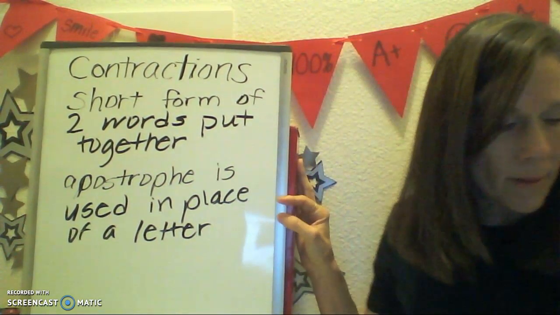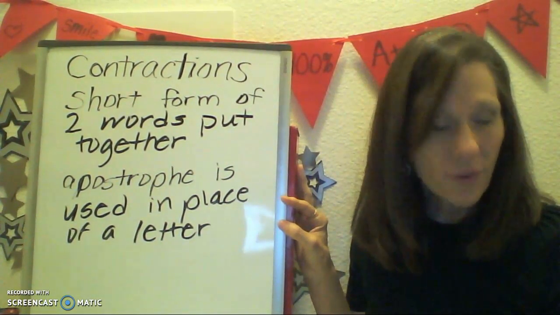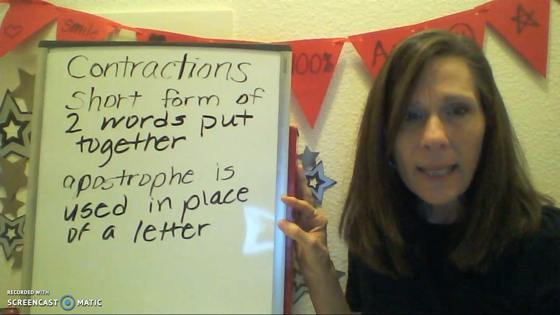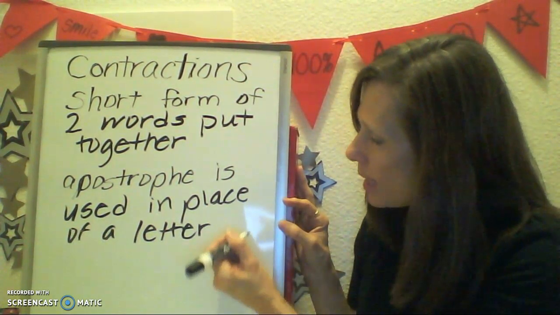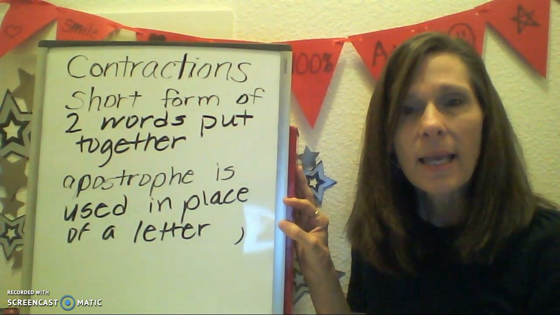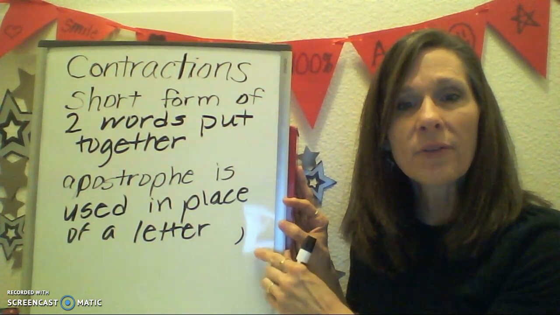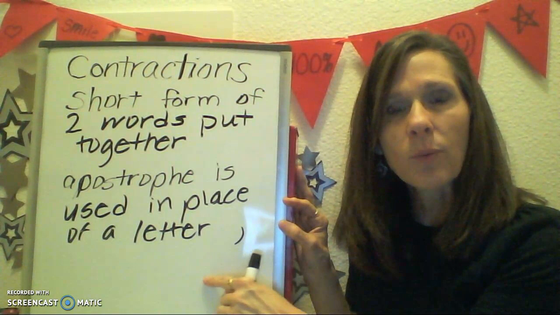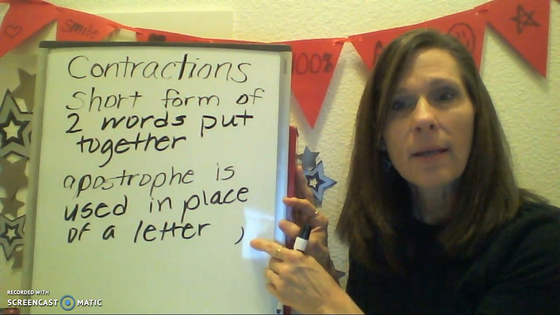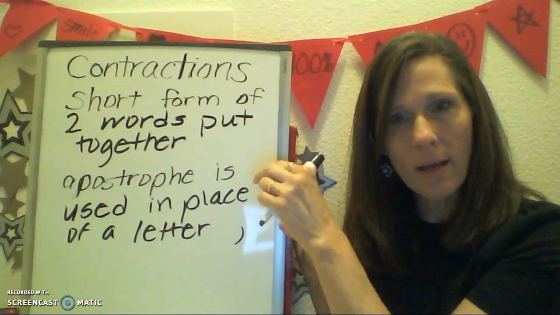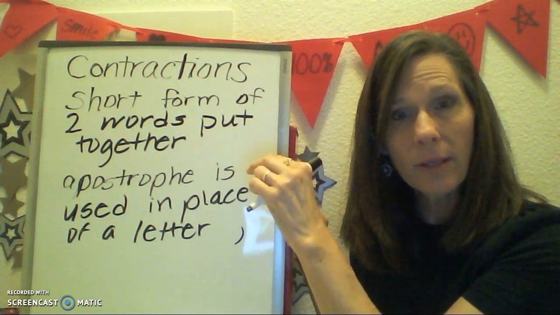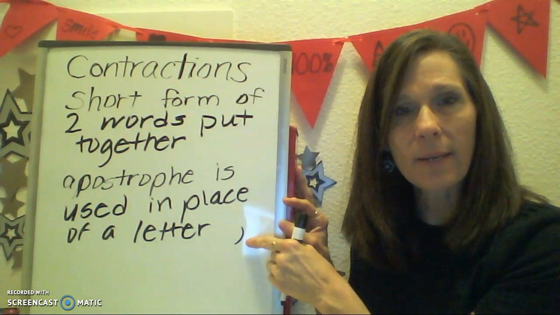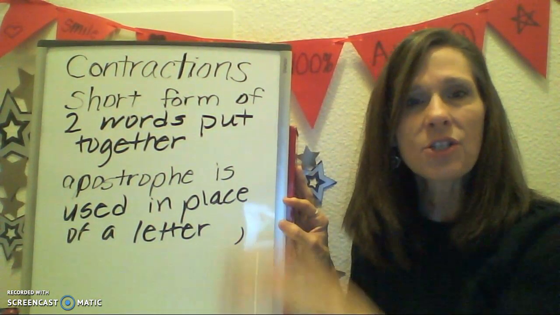And so you might not remember what an apostrophe looks like, but an apostrophe is a little curved line like this. And we see a curved line like this at the bottom of the line whenever we're writing, and it would be called a comma. But when it is above the line and involved in a word, we call it an apostrophe.